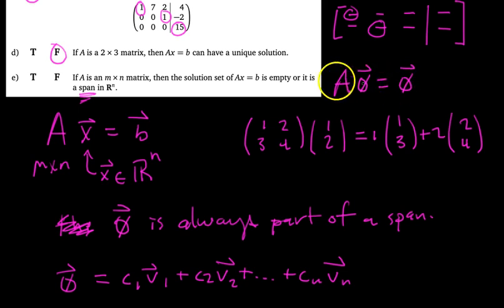So if b is some non-zero vector, like (1, 2) or (0, 4), then A times the zero vector would not satisfy that, and so 0 wouldn't be in the solution set. So the solution set wouldn't be a span, because spans have to contain the zero vector. For that reason, the solution set is not necessarily a span, so you say false, because it's not always true.